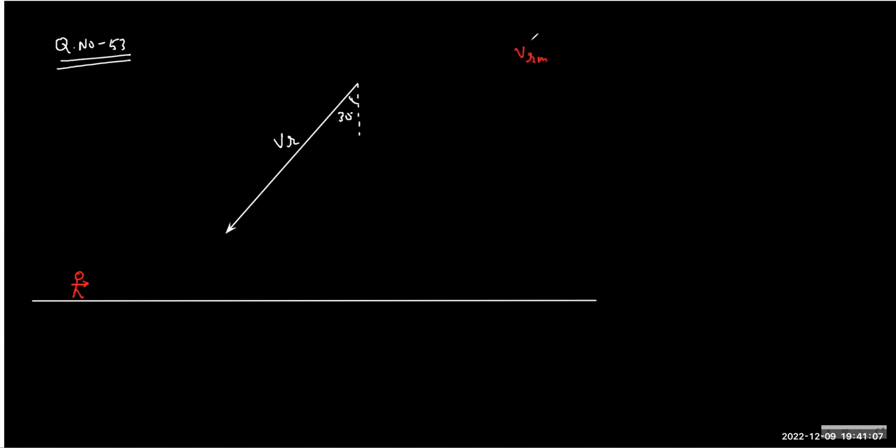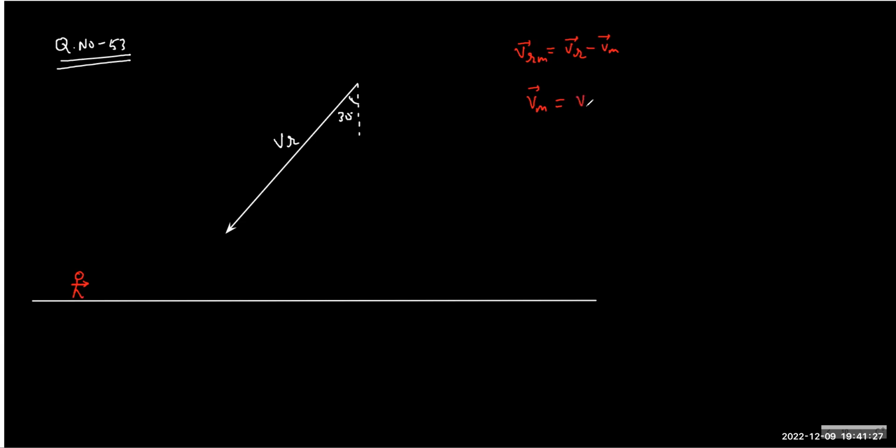The VRM by definition is VR minus VM. In this scenario, the VM is unknown, whether it's right or left. We know VR, let's say I have drawn the VR, and I know the VRM also.